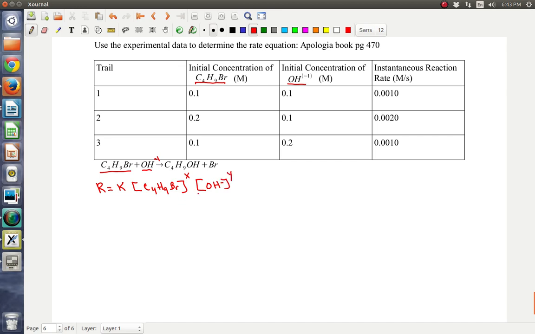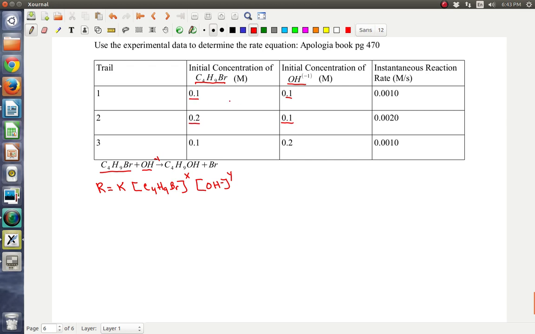So that's the general rate law, and we're going to figure out the x and the y now. We have to look at two trials where only one of the reactant's concentration changes. So we see that this one stays the same, this one and this one are exactly the same, and this one changes.